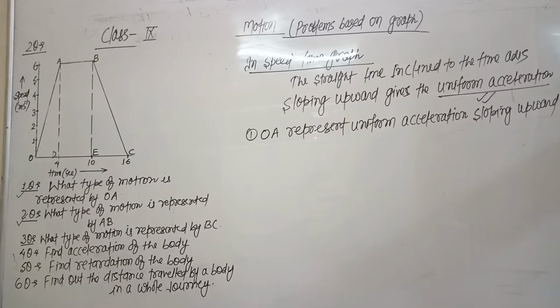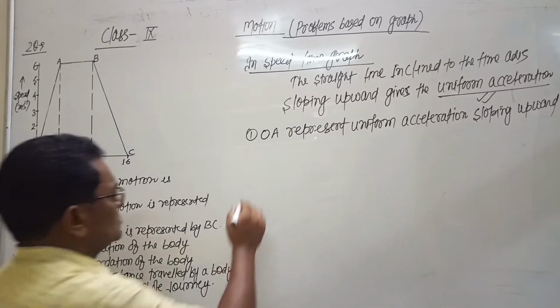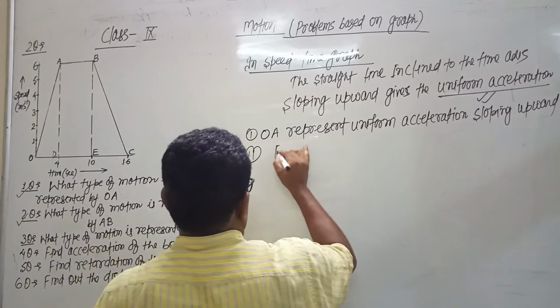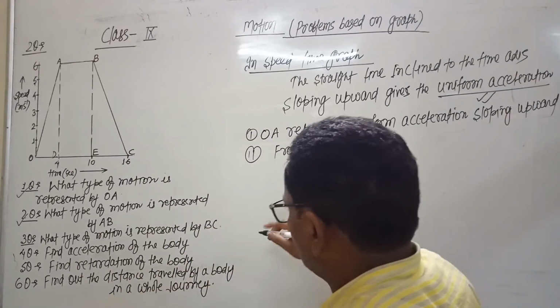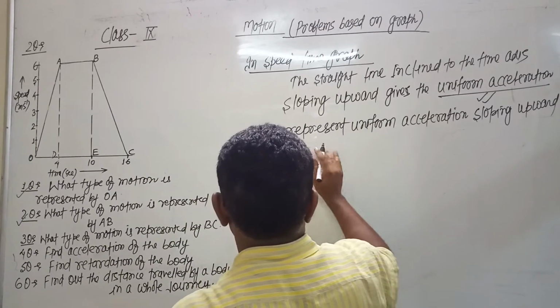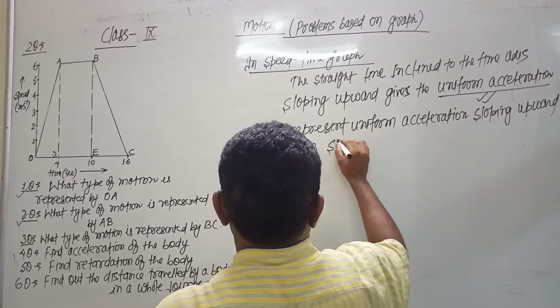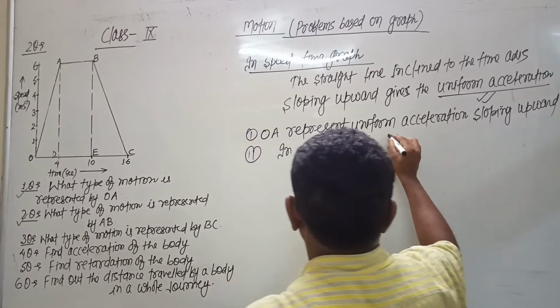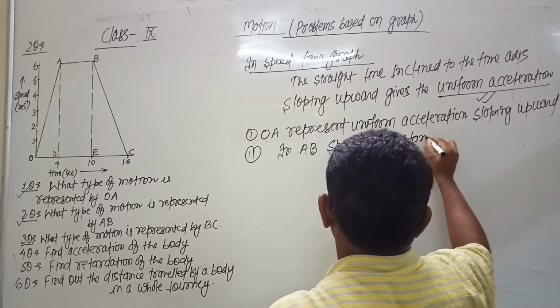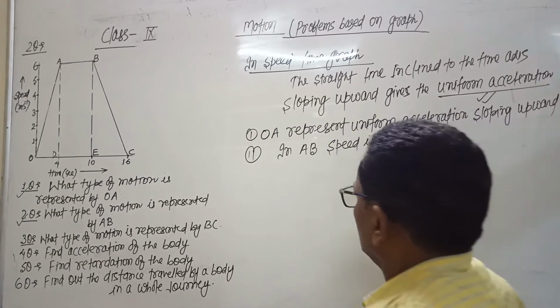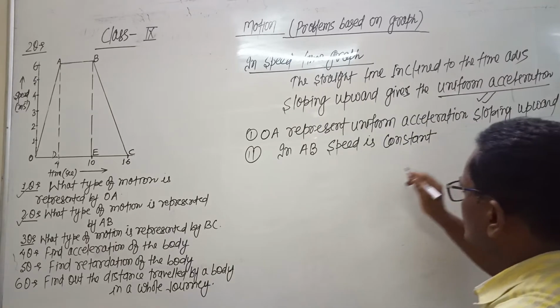In the region AB, or from A to B, the speed is constant.